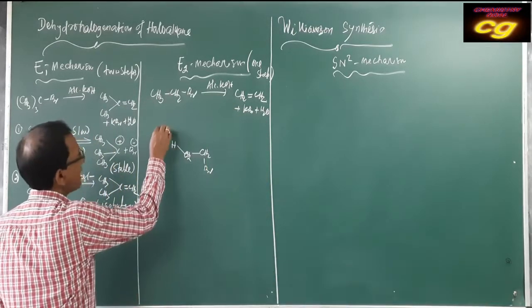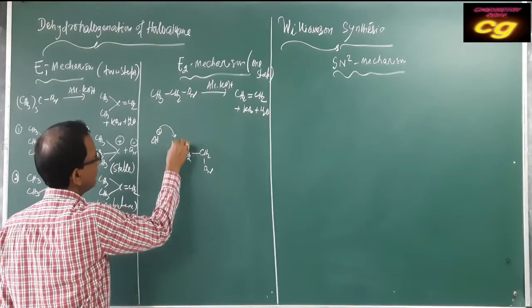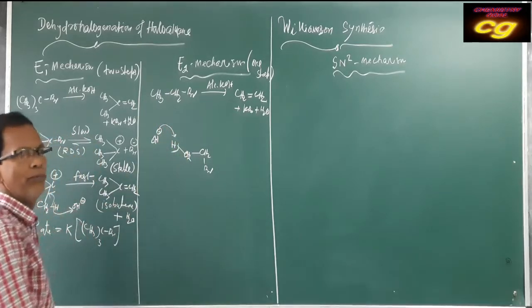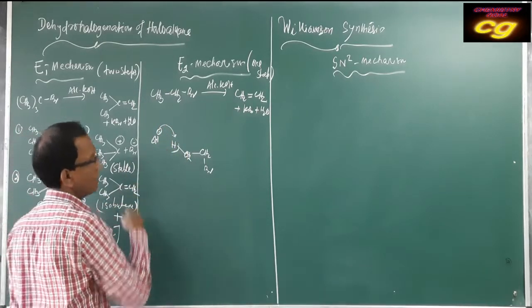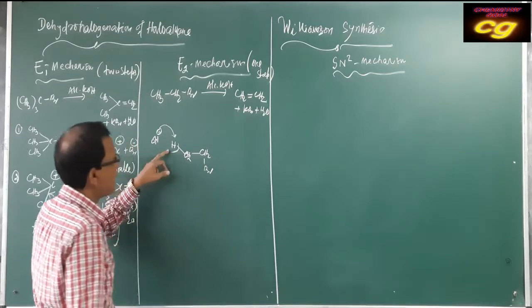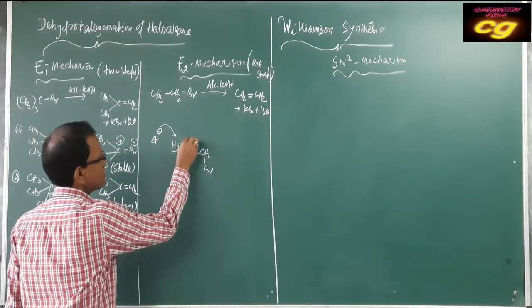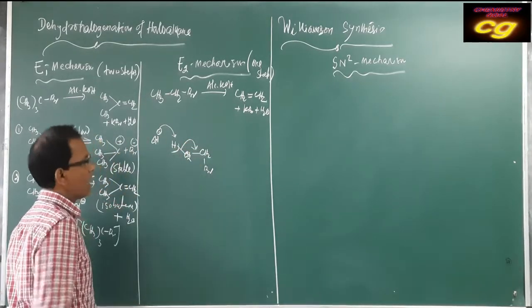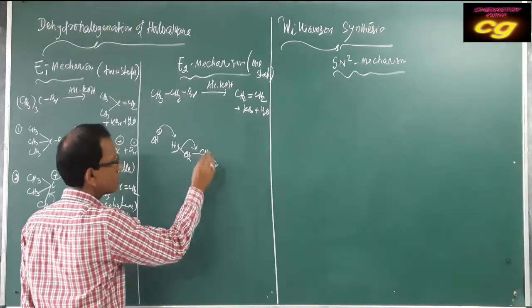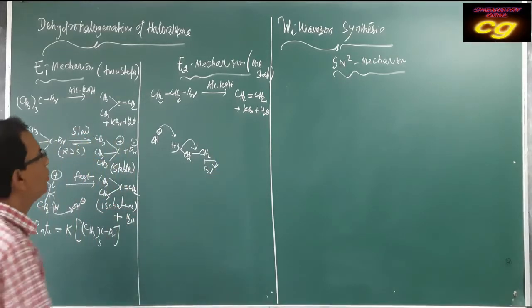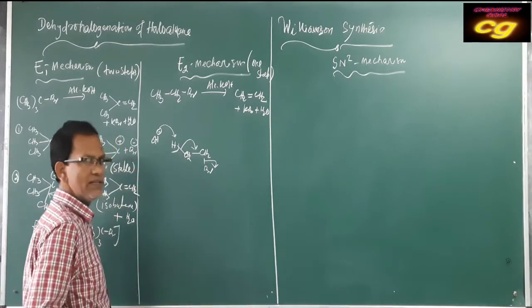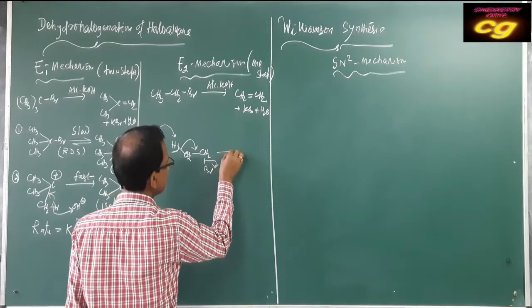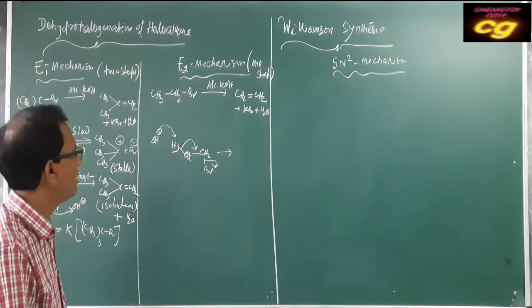Here, on attack by the base, loss of H plus occurs, and at the same time formation of the pi bond and release of the leaving group occur simultaneously. So this one-step process proceeds through a transition state.